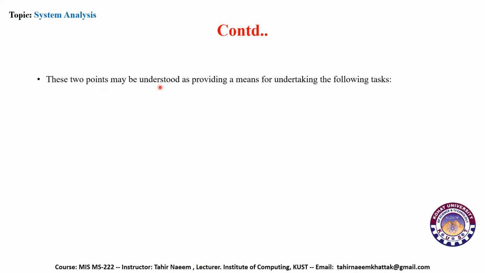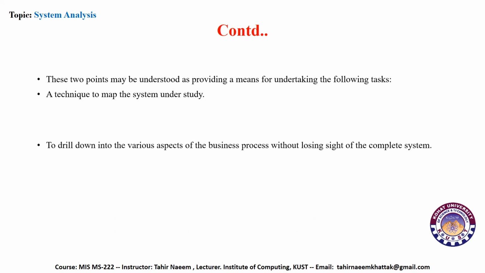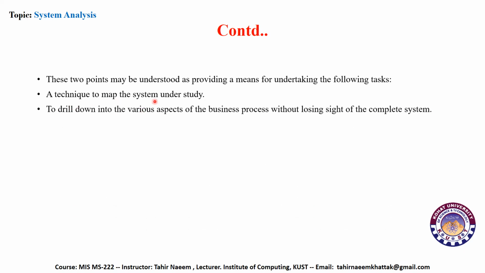These two points may be understood as providing the means for undertaking the following tasks. The following tasks must be accomplished. First, a technique to map the system under study. So basically, system analysis is mapping of the system currently under consideration, to drill down into various aspects of the business process without losing sight of the complete system.